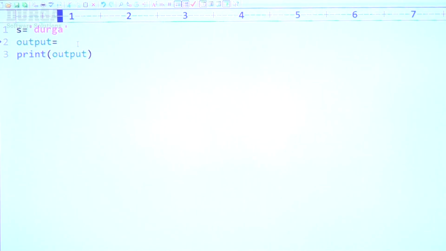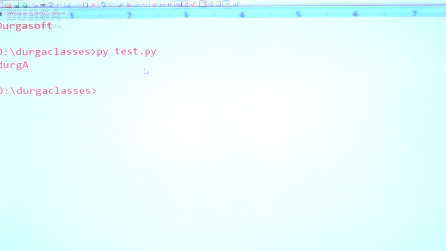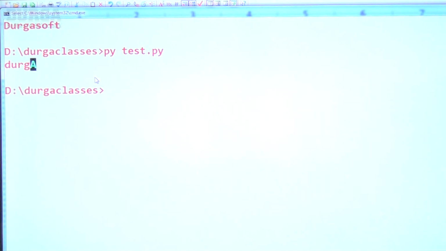What am I trying to take? s of 0 to length of s minus 1, so every character we get except the last character, plus s of minus 1, the last character, converted into upper. Print output. What output are you going to get? Can you please observe? DURG followed by A we are getting.